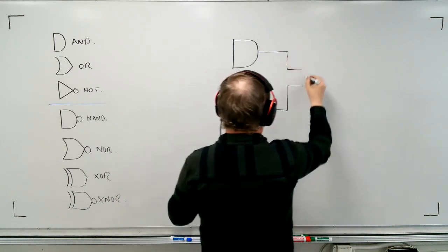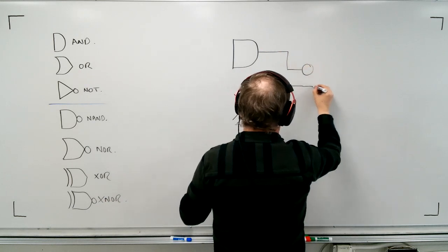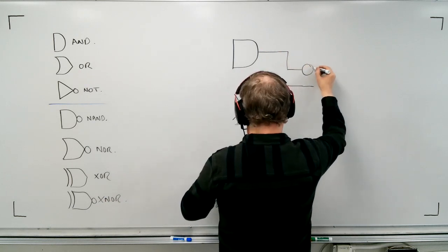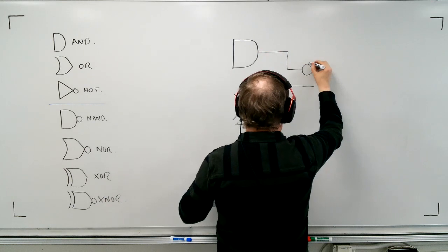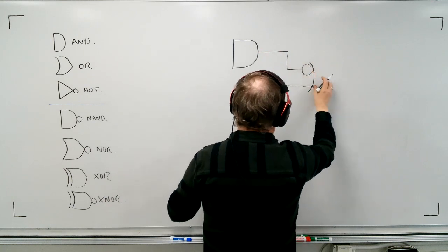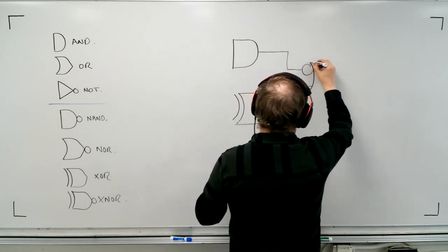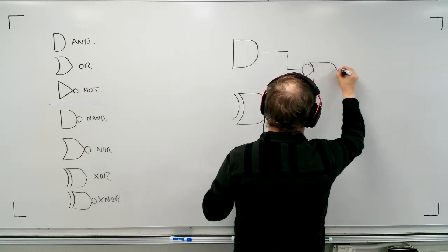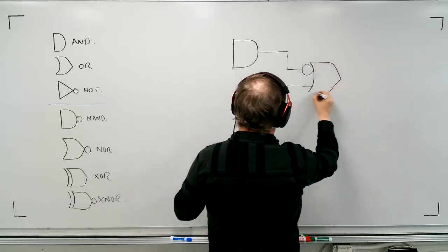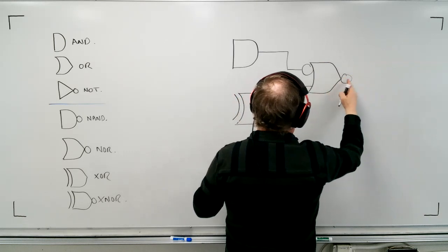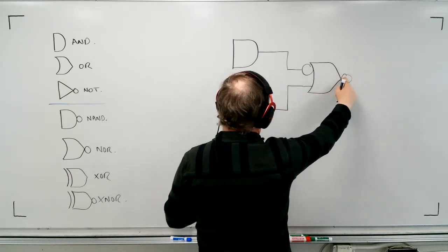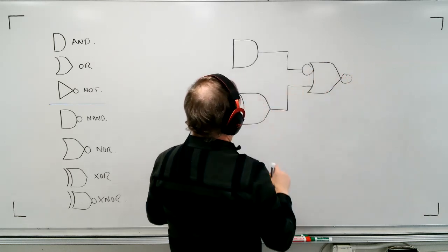They're going to feed into another gate, but there's going to be an invert on this one. And it's a gate that's going to be actually a NOR. So you're going to see that this is actually a NOR indicated by this invert on its A input.